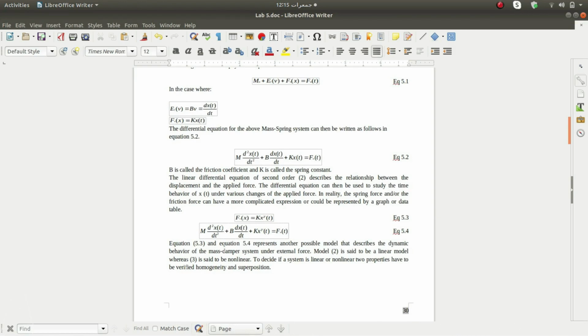these relationships will be more complicated and can be non-linear. If they are non-linear, then we have a quantity y as x raised to a power, which shows that the spring force or the frictional force can be a non-linear quantity, and it will depend on the value of y.